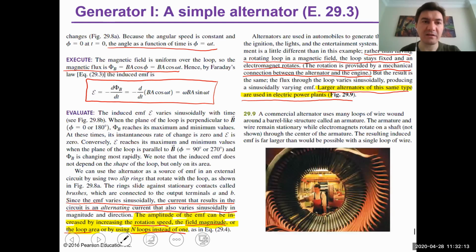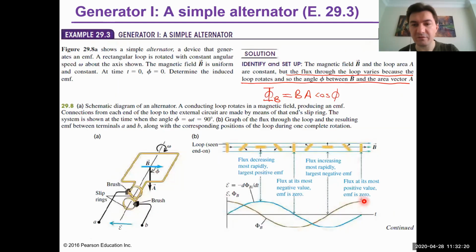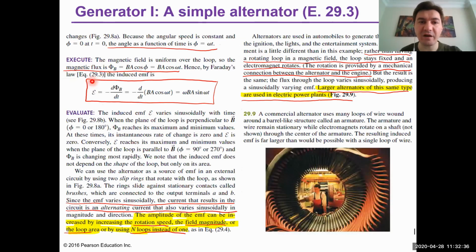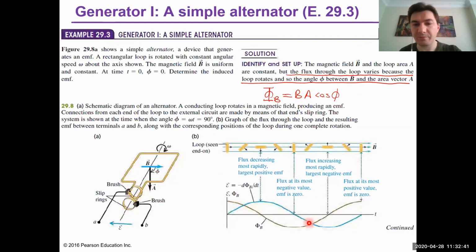Here, magnetic flux changes with that term, cosine omega t. By time, it changes. So, good. Then what about the EMF here? Due to the change of the magnetic flux, EMF changes with sine omega t. Then we have here a sinusoidal behavior in the EMF due to the change in the magnetic flux.